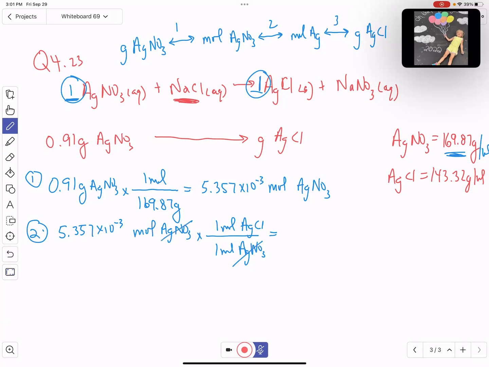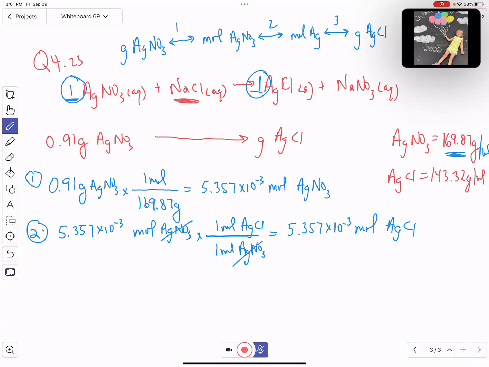Silver nitrate cancels out. We're left with silver chloride, and how much? The same amount, 5.357 times 10 to the minus 3 moles of silver chloride.